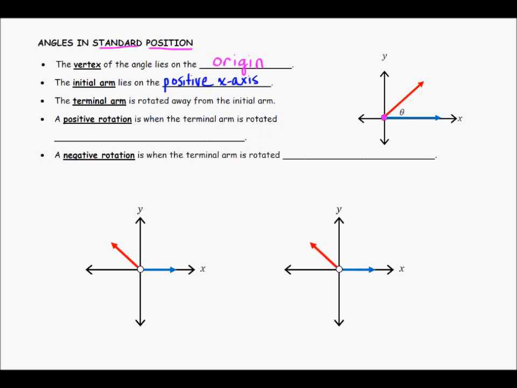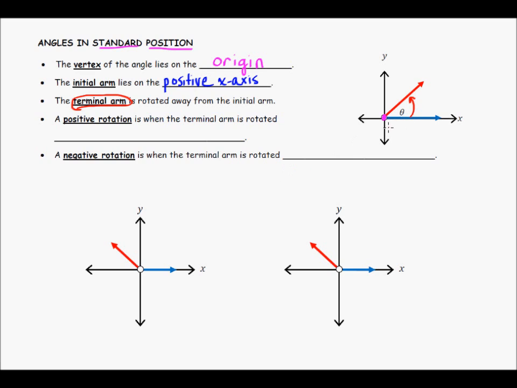And what's called the terminal arm is the other arm of the angle that is rotated away from the initial arm. So the terminal arm is rotated away from where the initial arm started in order to create some angle. Usually we call that angle theta, although we could use some other variables to describe that angle as well.